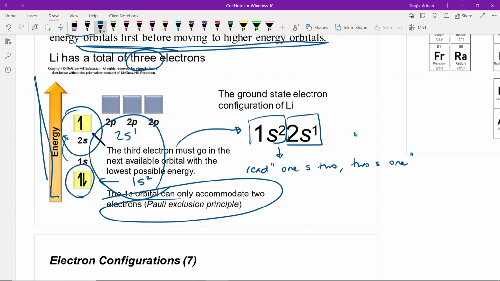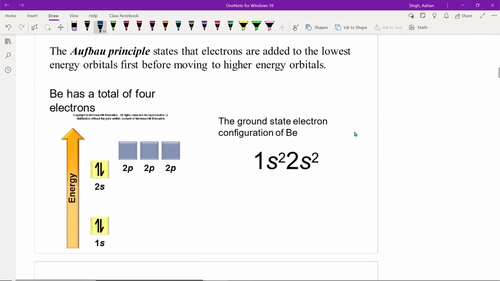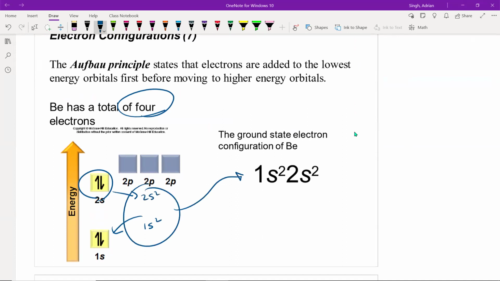That's the case not just for the 1s orbital, but any other orbital. If we keep going, we look at beryllium, for example. Beryllium has a total of 4 electrons. The first 2 electrons go into the 1s, so we have our 1s2. The next 2 electrons will go here, which gives us a 2s2. Put them together, we end up with 1s2, 2s2.